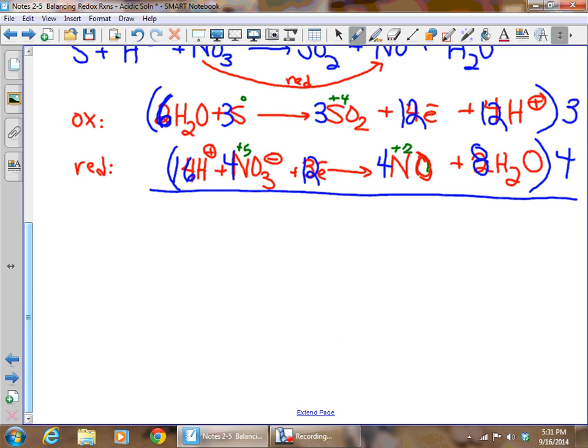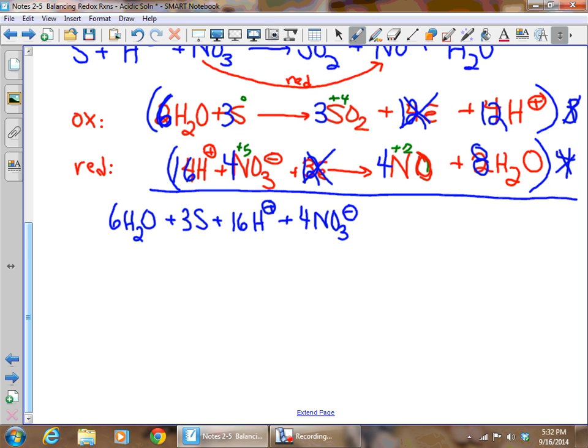So now we have electrons canceling. We've used our multipliers there. We've already multiplied through, so now let's write our total reaction. We've got 6 waters and 3 sulfurs, 16 hydrogen ions, and 4 nitrates on this side. Be very systematic, guys.